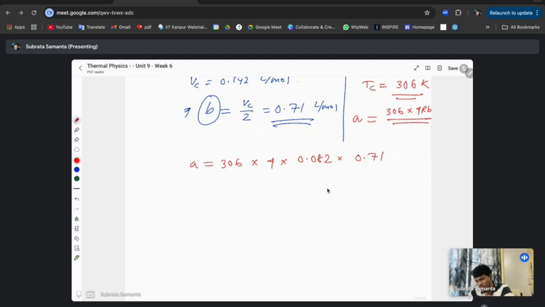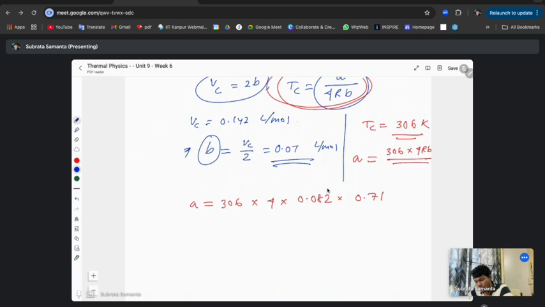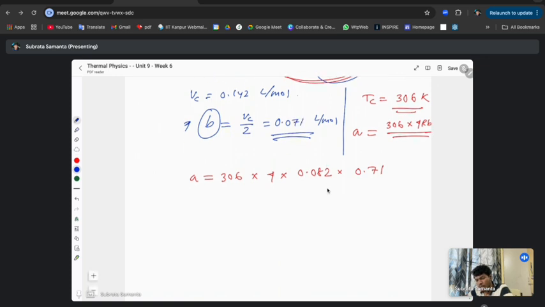So the unit is liter squared atm per mole squared.